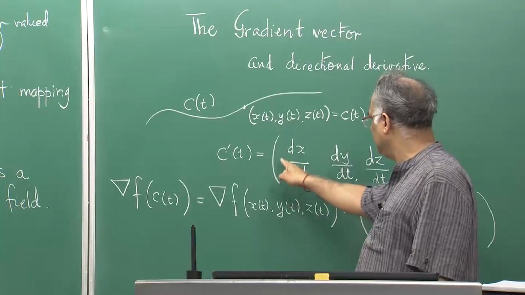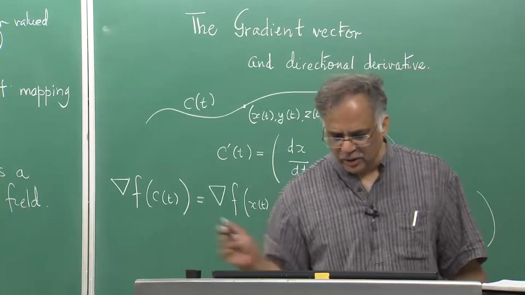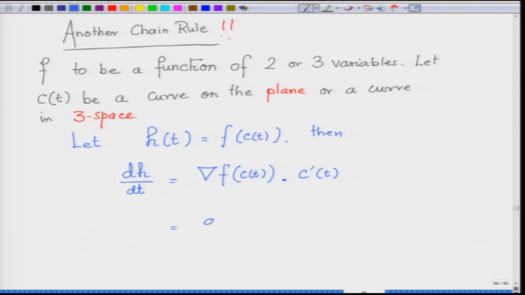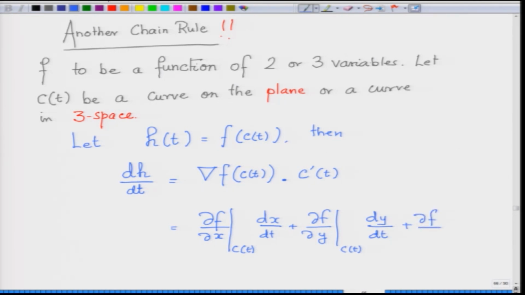So, if you write it down in more detail, it is del f/del x evaluated at c(t) times dx/dt, plus del f/del y evaluated at c(t) times dy/dt, plus del f/del z evaluated at c(t) times dz/dt.